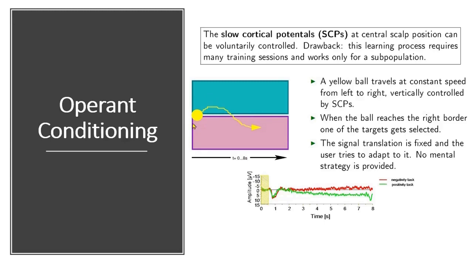So the yellow ball travels at a constant speed from left to right, and your task is just to control up and down. You can try different mental imagination techniques. For instance, you can imagine kicking some ball, squeezing something, any kind of imagination. Eventually, you'll be able to control this ball.